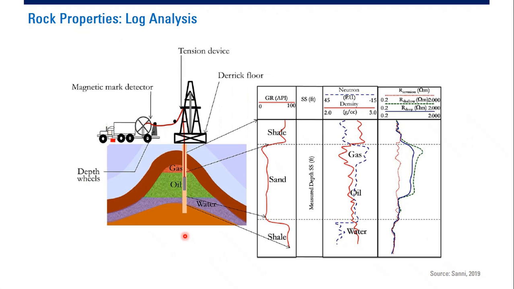To know the properties of our reservoir, we can do core analysis, but core analysis is very expensive. The more economical, cheaper one is to do log analysis. We lower down logging tools, they go down and go up, and during the movement they record something.